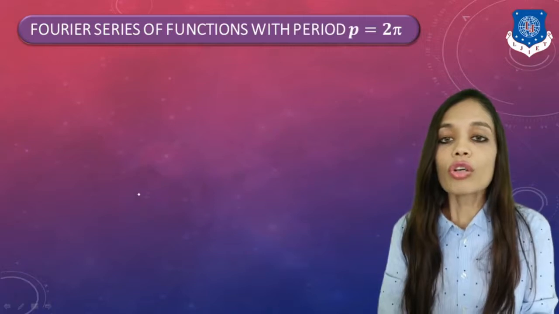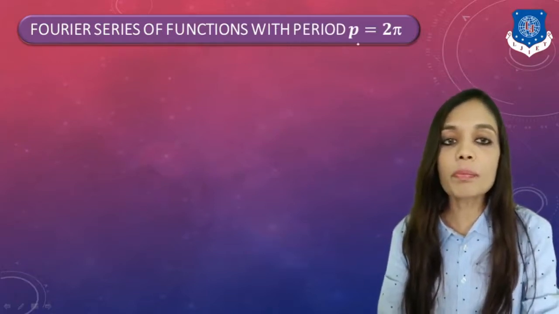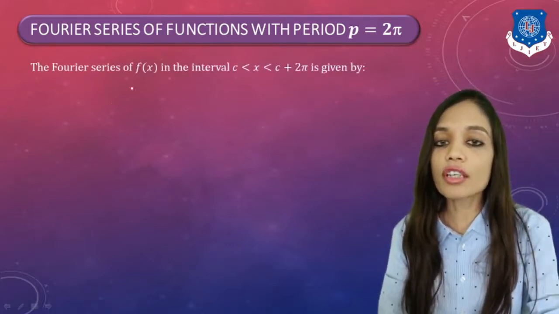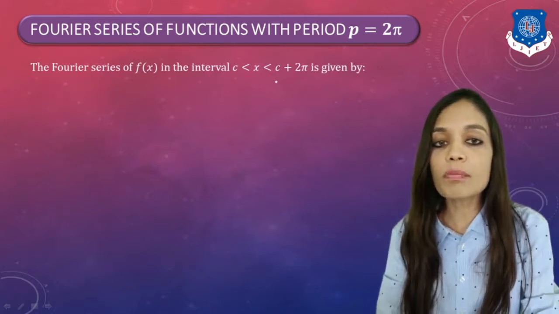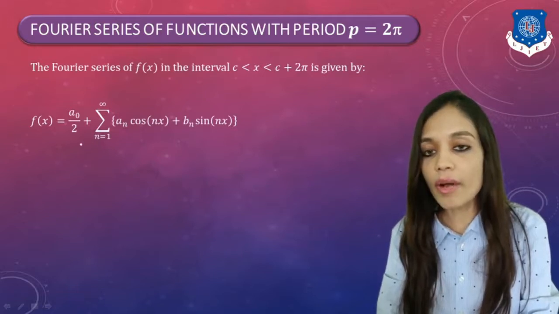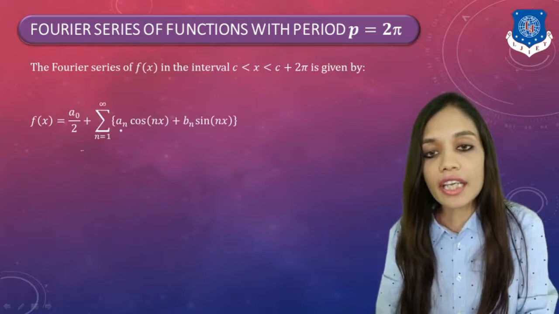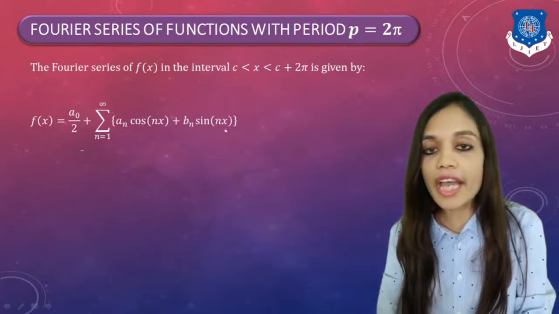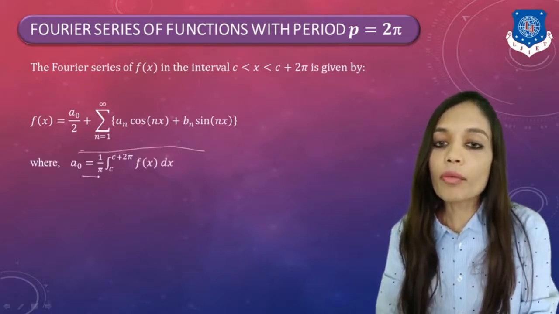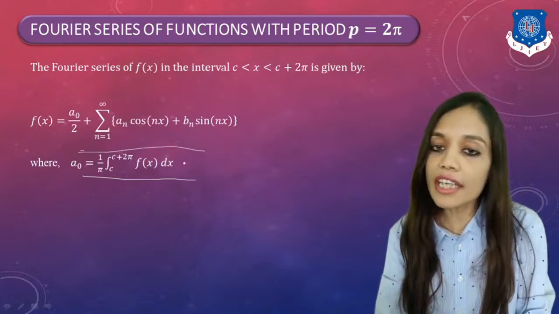Now let us go to the formula of Fourier series of functions with period p is equal to 2 pi. So the Fourier series of a function in the interval c to c plus 2 pi is given by f of x is equal to a0 by 2 plus sigma n is equal to 1 to infinity an cos nx plus bn sin nx, where a0 is given by 1 upon pi integration c to c plus 2 pi f of x dx.